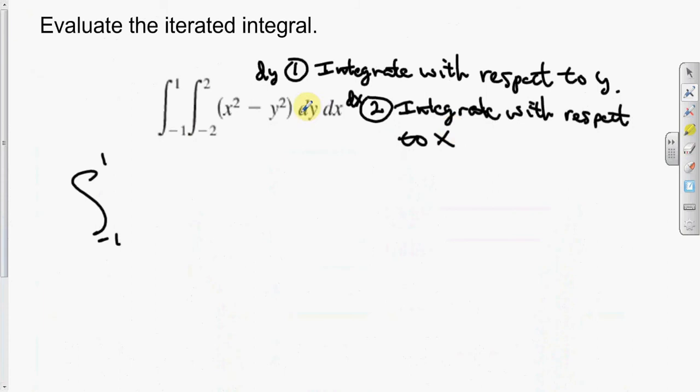So here I first integrate with respect to y, because this is the order. I go to dy first, and then after I evaluate, secondly, I deal with the dx.